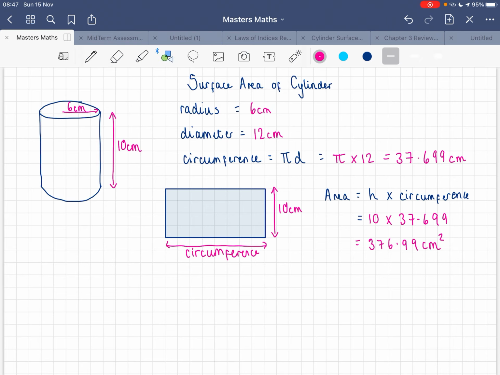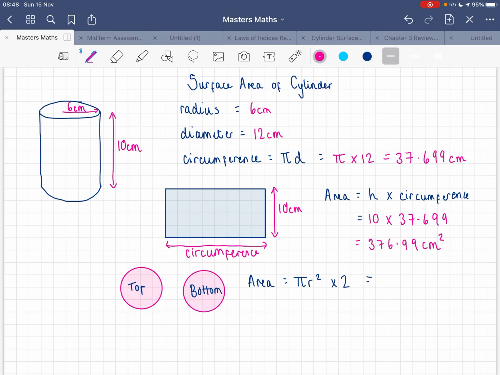I also need the area of the top and the bottom of the circle. So say this is the top. Oh, this is the bottom. But they are the same. Remember, area of a circle is pi r squared. And I'm going to multiply it by 2 because the top and the bottom of the cylinder are the same.